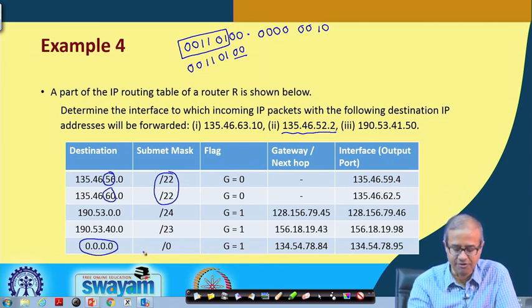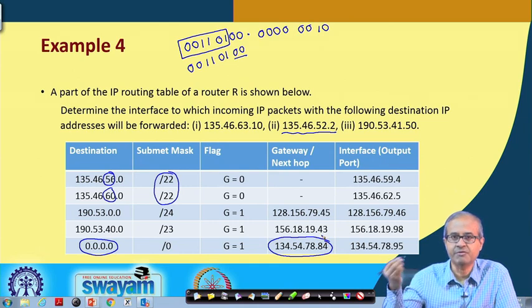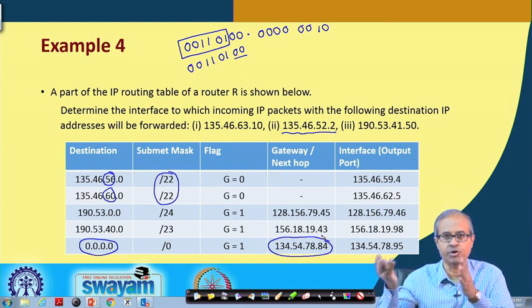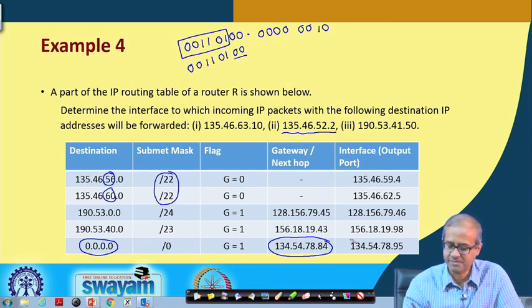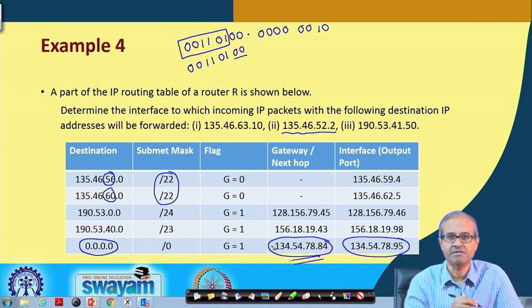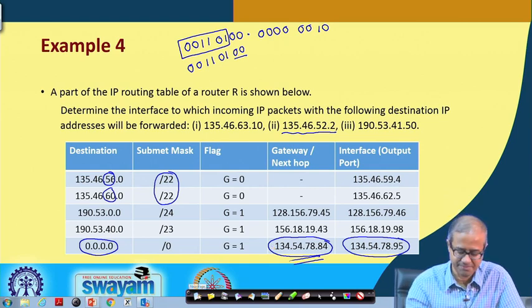So, if it is default, you normally send the packet to the interface router or the border router who will be sending it to the outside world. So, here through this interface the packet will be forwarded to this next hop, and from there it will go to the right direction.